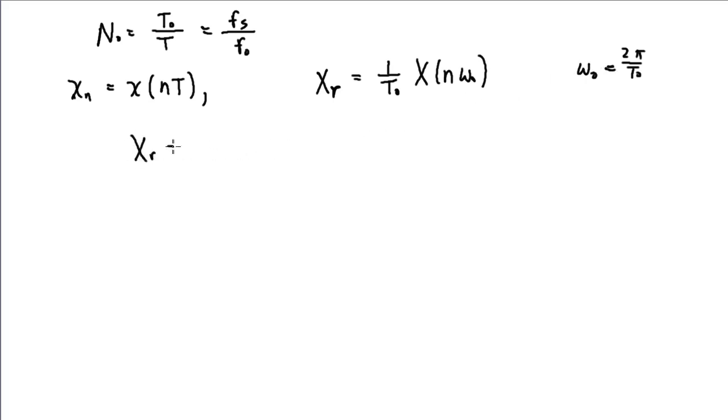Can show that X of r is equal to the sum from 0 to N0 minus 1. Now notice here the summation does not extend from minus infinity to infinity, but just over the samples that make up this one period of this periodically extended function in the time domain, x of n e to the minus j r omega 0 n, and this is called the DFT, the discrete Fourier transform.